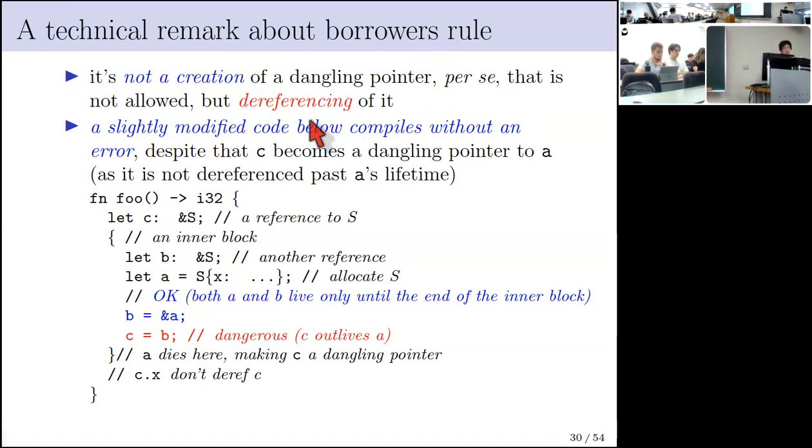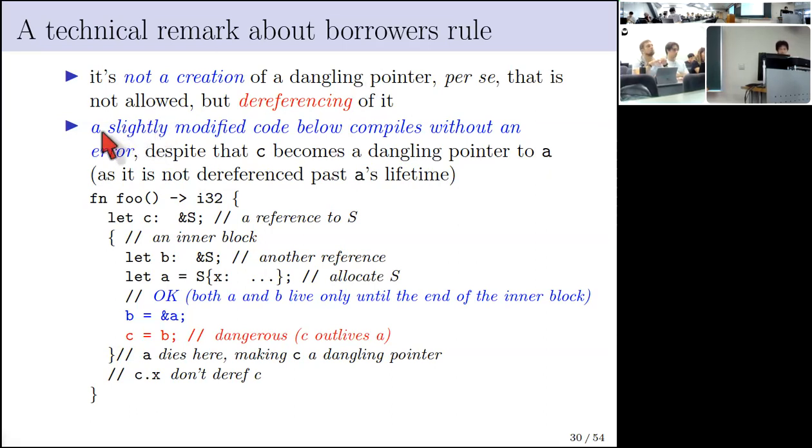I actually made that clear from the beginning, but there's a slight difference between the two, right? So it's not necessarily that as soon as you make a potentially dangling pointer, that program is rejected. The program is rejected when you make a dangling pointer and dereference it.